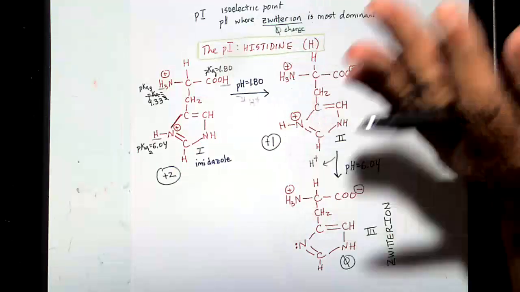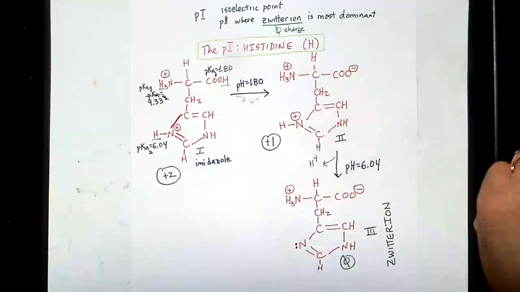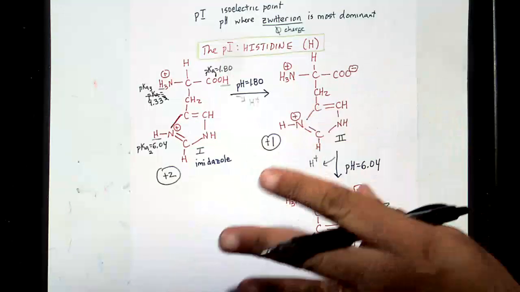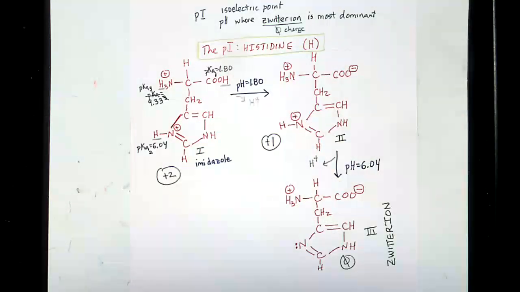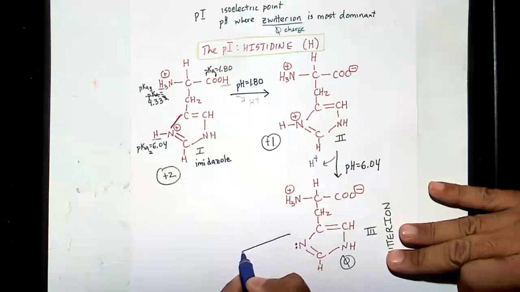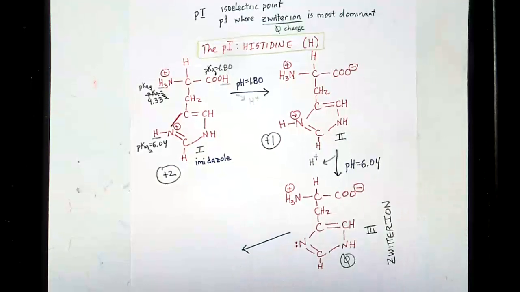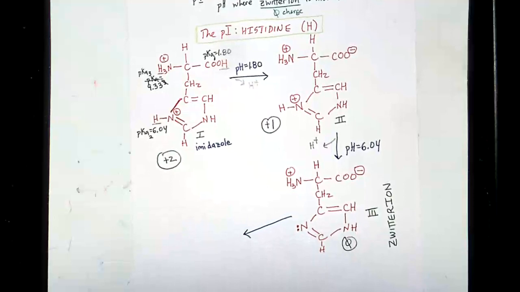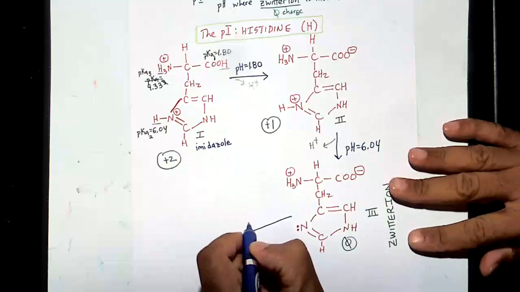Form 3, and this begins to slowly get deprotonated at the side chain as we go farther and farther away from pH 6.04. And I believe we have one more to go. Okay, we'll put that here. And then we will reach a pH of 9.33.